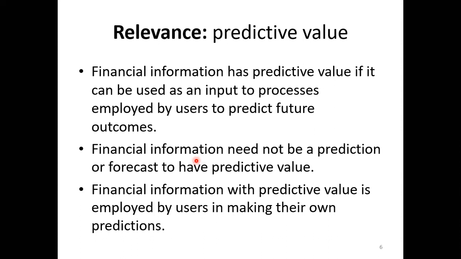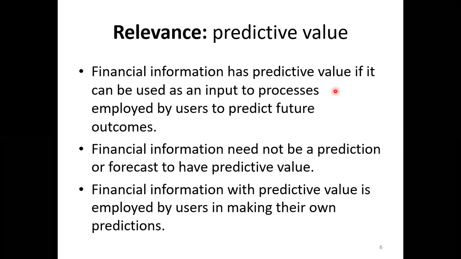Predictive value: predict, easily forecast. Financial information has predictive value if it can be used as an input to processes employed by the users to predict future outcomes. So if the past figures of sales help to predict the present sales, then that information is relevant. It's predictable.